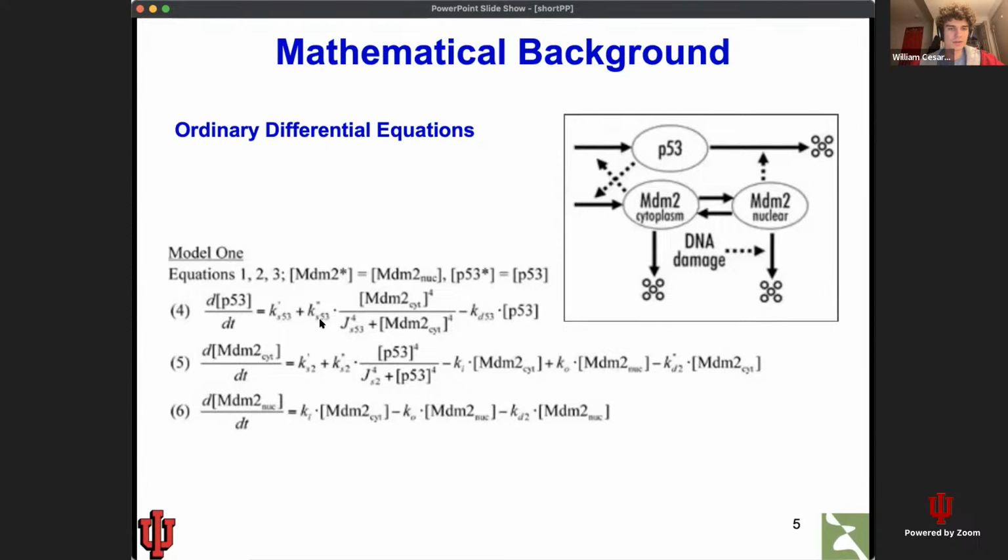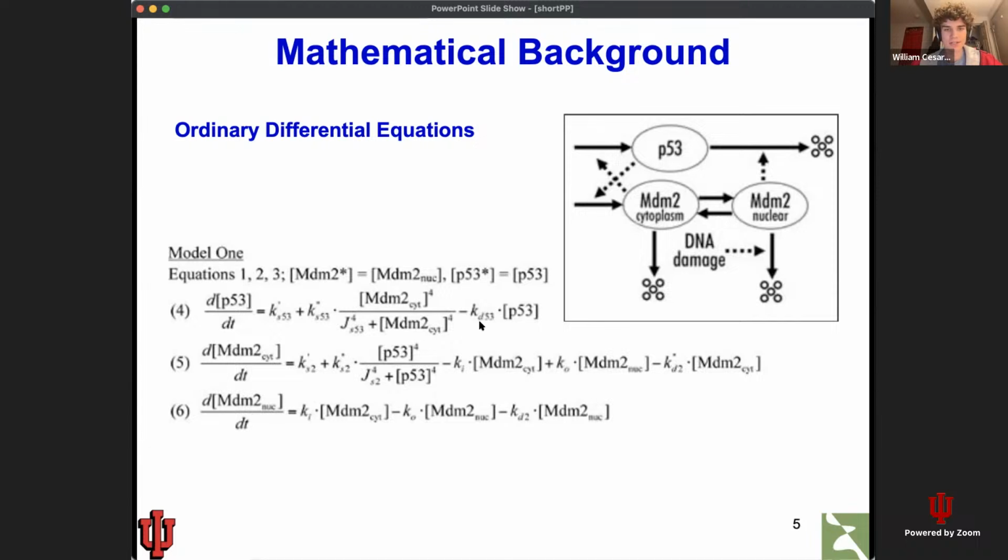And also notice here how K double prime S53 is the maximum value this term can take, since the maximum value of this Hill function is 1: if MDM2 in the cytoplasm is super high, the numerator is super high, and the denominator is also super high, so it's kind of infinity over infinity, and it would equal 1.